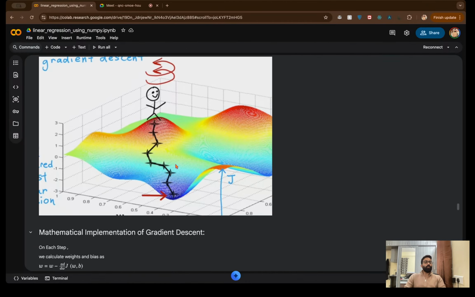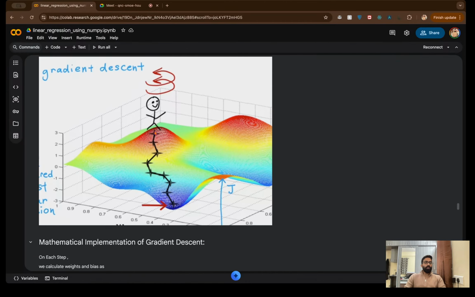That's how it is taking the values of w and b. It is taking the 360 degree turn. It is considering all the possible values of w and b at this point, and it will consider the values through which it will get there. Maybe it will take this path, maybe it will take this path, but eventually it will reach here.